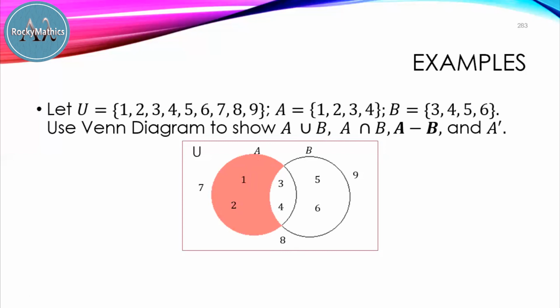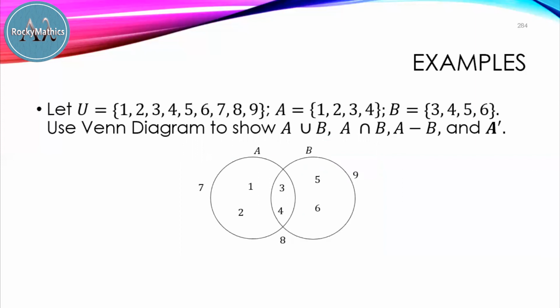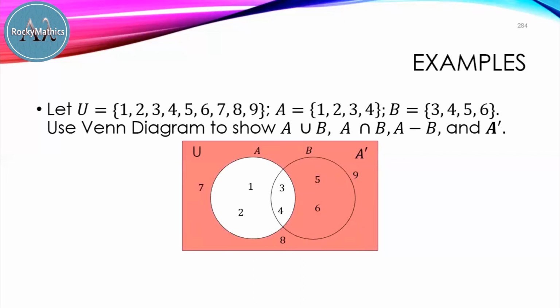Okay, how about A prime? Again, A prime is a set consisting of all the elements in the universal set but not in A. So what are the elements in A prime? Again, we have the elements in the universal set 1, 2, 3, 4, 5, 6, 7, 8, 9, and we have set A, set B. What is A prime?